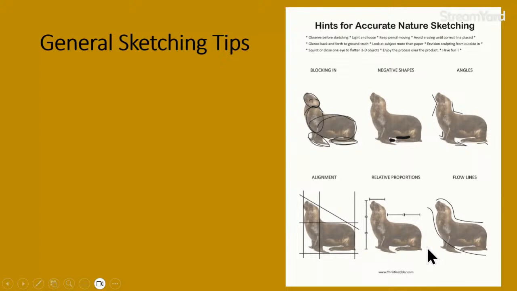So the proportion of the head to the body is going to differ in different animals, just like the proportion of a giraffe's head is much smaller to its body compared to the proportion of a rhinoceros to the rest of its body, right? And then the concept of flow lines, or how your pencil can flow around the edge of the animal, whether it's kind of jiggy jaggy like this or nice and smooth.